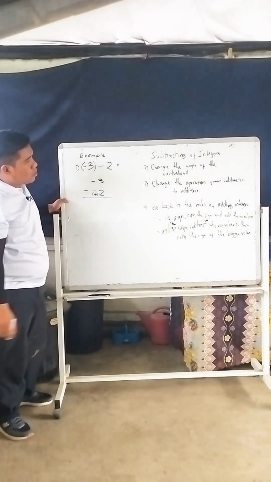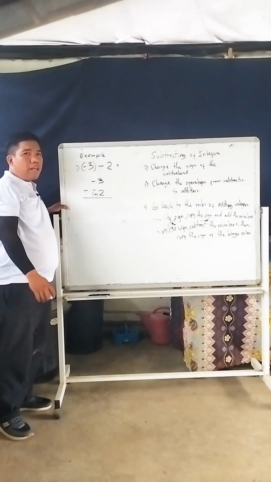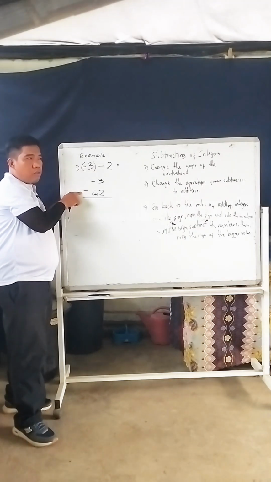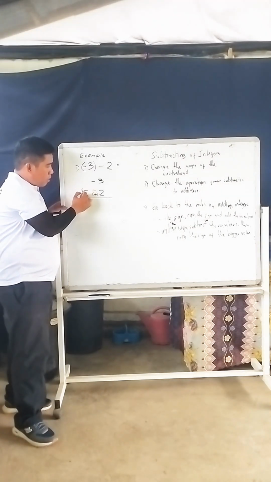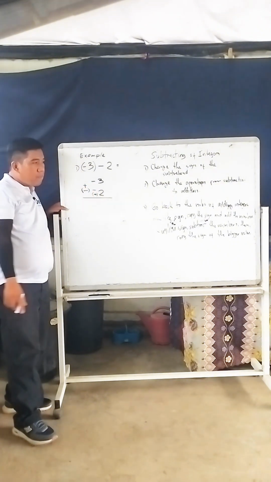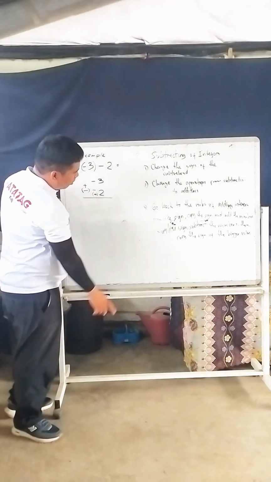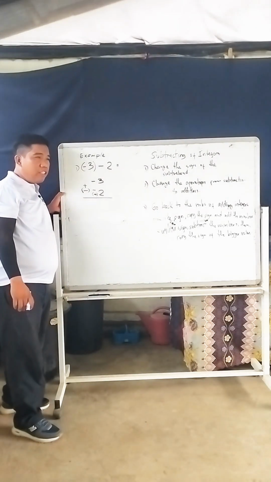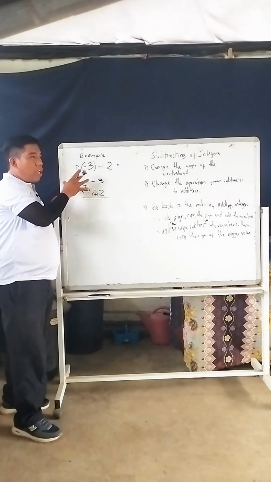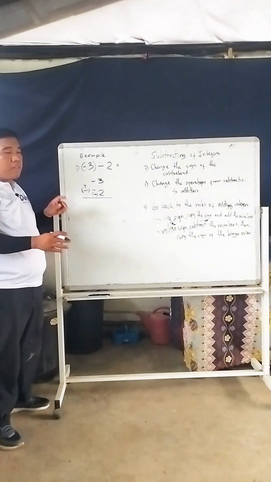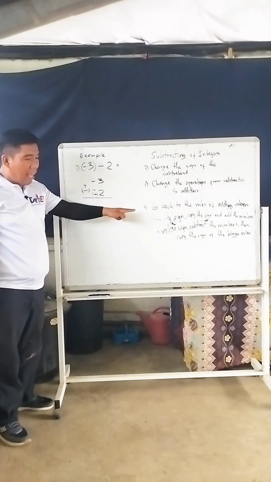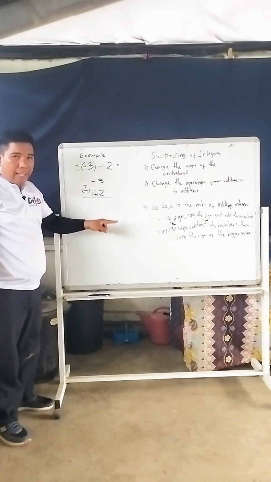So next one is to change the operation from subtraction to addition. So the operation here is subtraction or minus, so we need to change it to addition. Okay, and the third rule is go back to the rules of adding integers. First, we need to check if the sign of the two integers are the same or like or unlike sign.